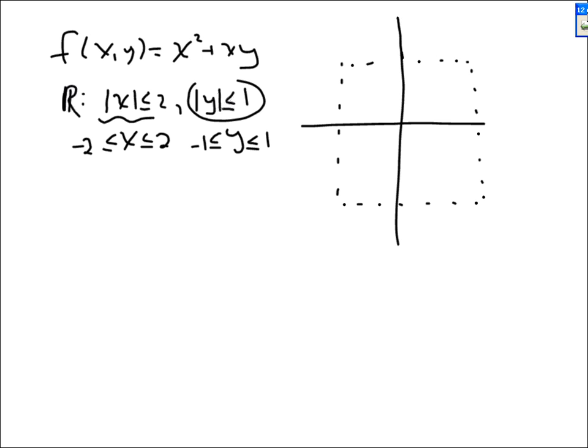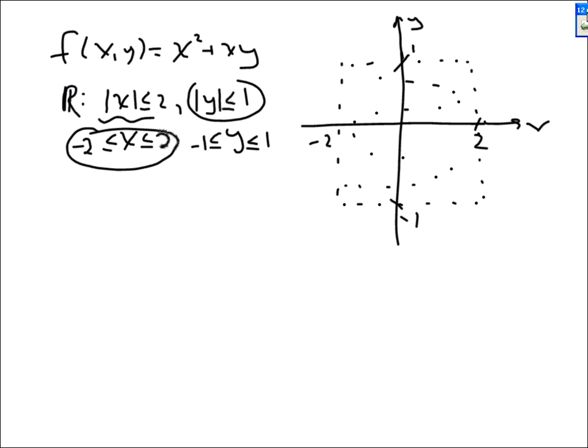Here is 2 and negative 2 and 1 and negative 1. All the points on the square and inside the square, every one of those points, they have one thing in common: the x values between negative 2 and 2, and the y values in between negative 1 and 1.